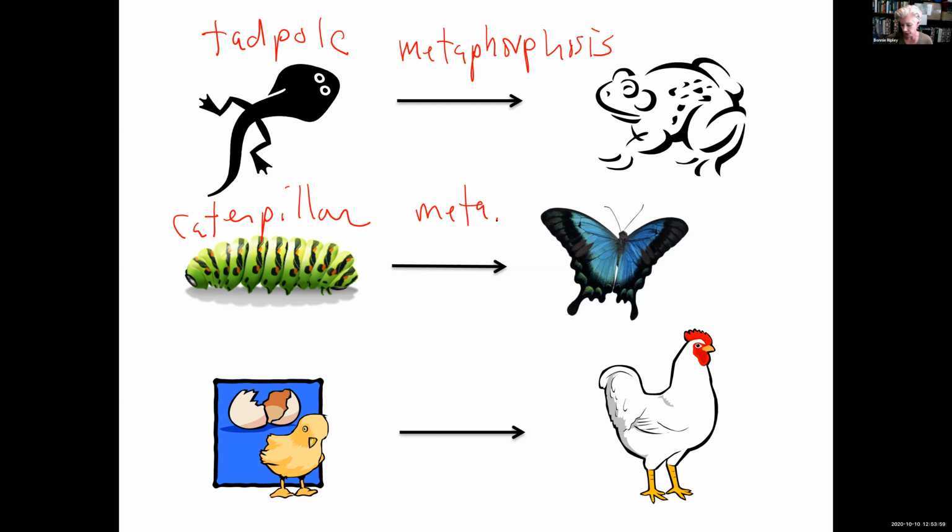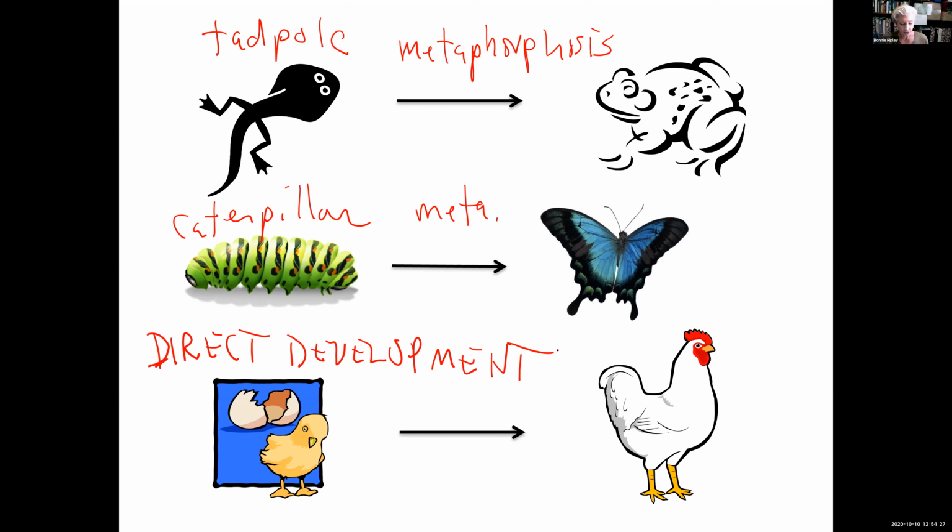So when we look at a baby, can we tell it's the same species as the adult? If we can, then we say it has direct development. And that's another way of saying it doesn't go through metamorphosis. It goes directly from juvenile to adult.